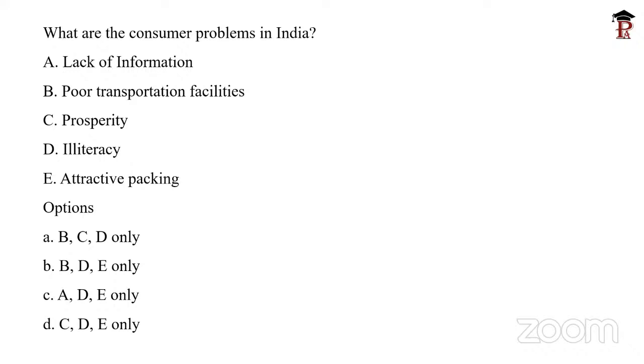The given options are A, B, C, D; B, D, E; C, A, D, E; D, C, D, E. I'll repeat my question. What are the consumer problems in India? A, lack of information. B, poor transportation facilities. C, prosperity. D, illiteracy. E, attractive packaging.